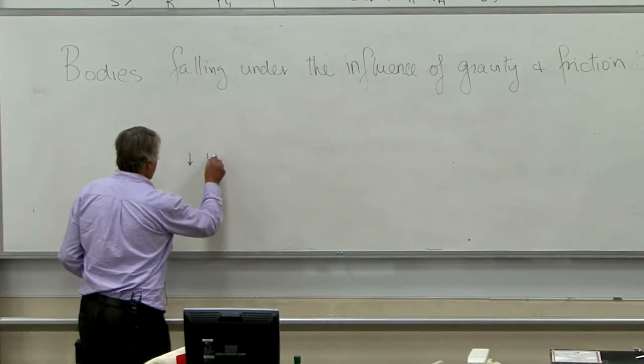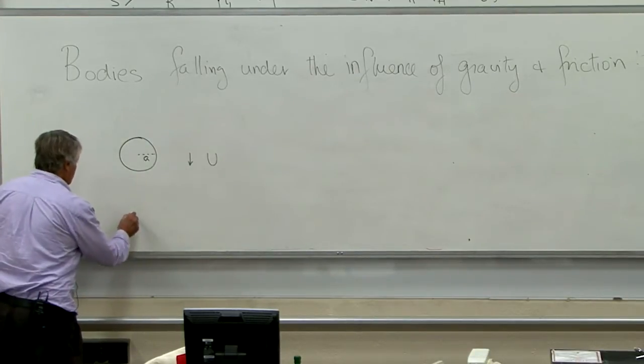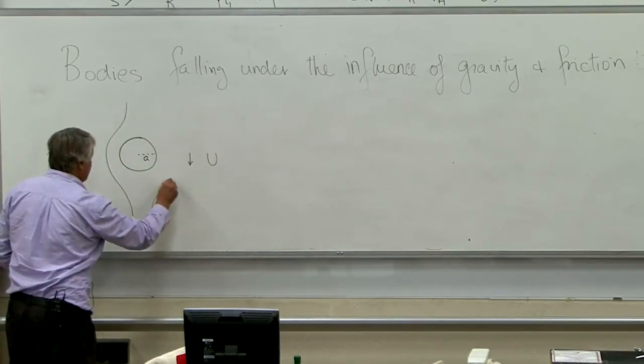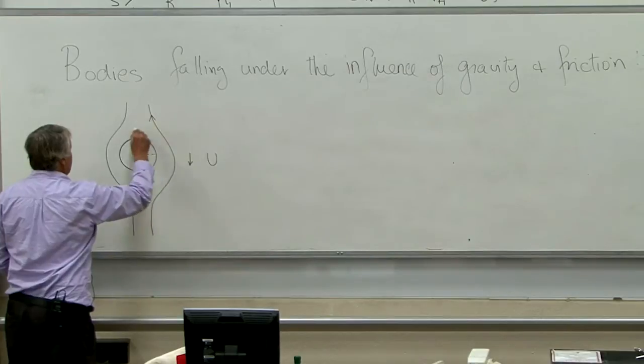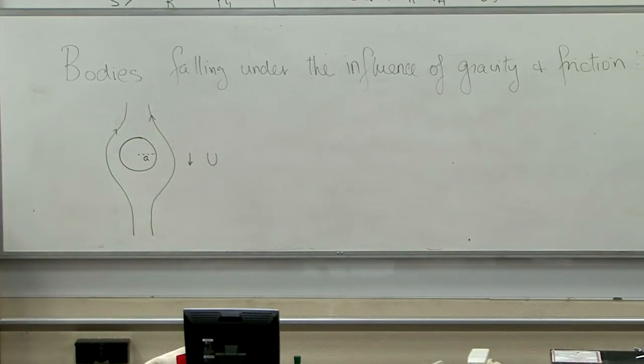But we'll think of it falling down with a speed u. So the fluid or the air will flow around it, something like this. And that's what we have to kind of figure out.